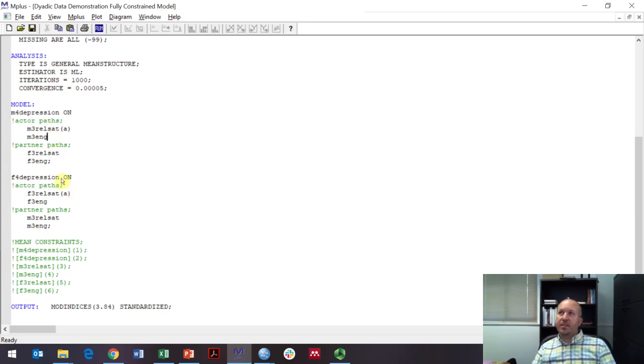So let's check and see if the relationship satisfaction actor path can be constrained to be the same. Now I'm only constraining one path compared to my fully unconstrained model, so I'm going to have 1 degree of freedom. If my chi-squared is not significant, it means that this model is not significantly different from my base model, my fully unconstrained model, and therefore I can keep this constraint on for my final model.